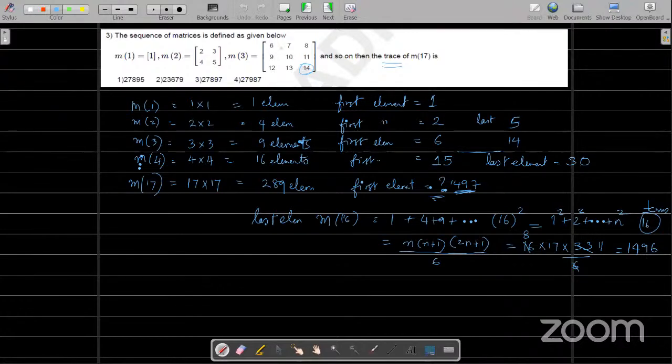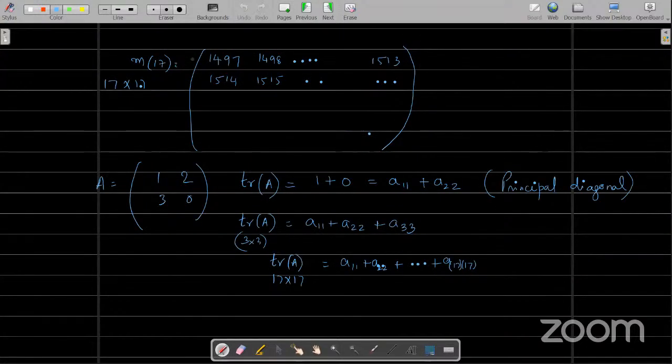So there is a common difference between the diagonal elements. Here it was 4. So for M of 3, I got the common difference as 4. For M of 17, what is the common difference I should expect? It should be 18. So verify that if it is correct. So 1497 plus 18. Is it 1515?